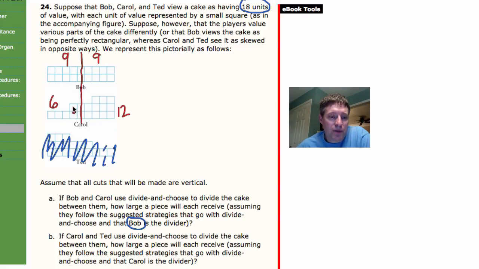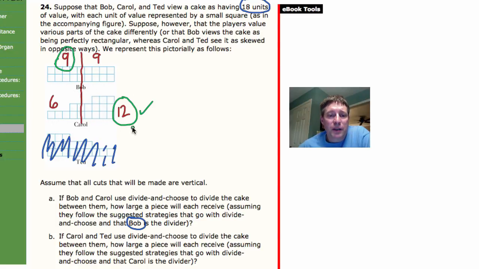The left side only has a value of 6. Well, let's start with Carol, because Carol's going to choose. Can you tell which one Carol's going to choose? Well, of course, she's going to choose the right side. So she will pick the right side, and then she will give the left side to Bob.